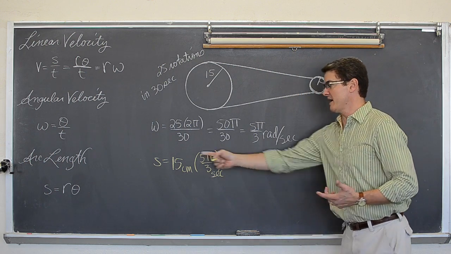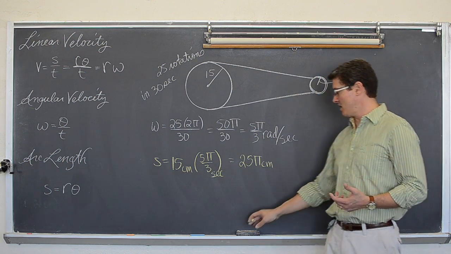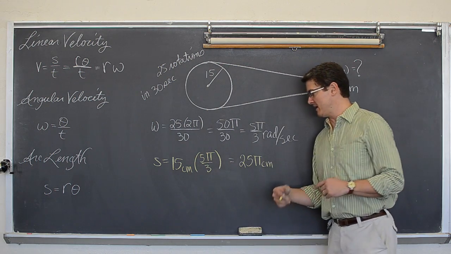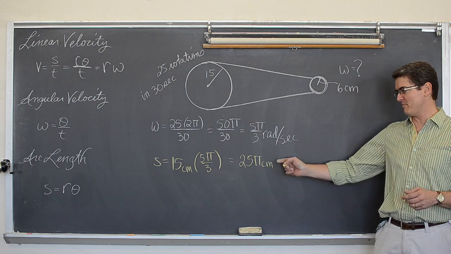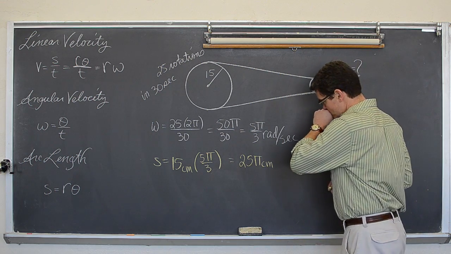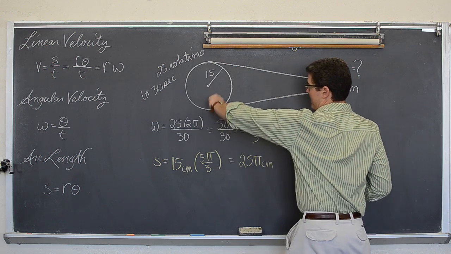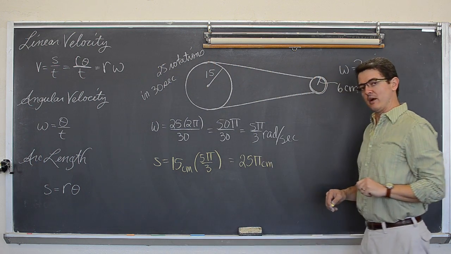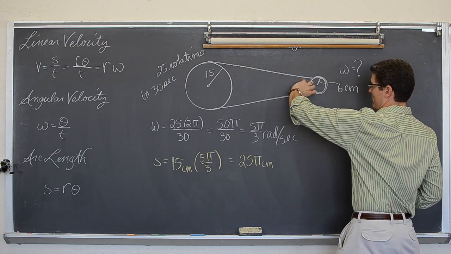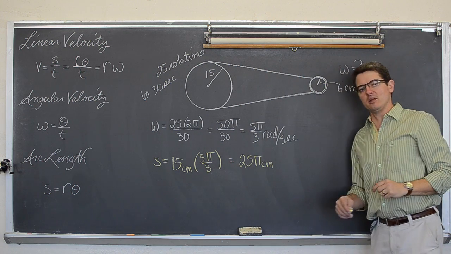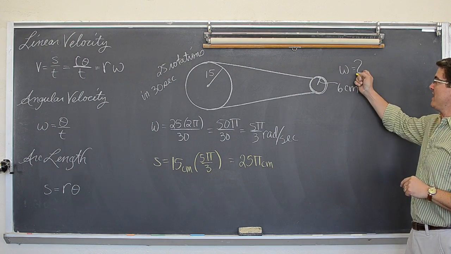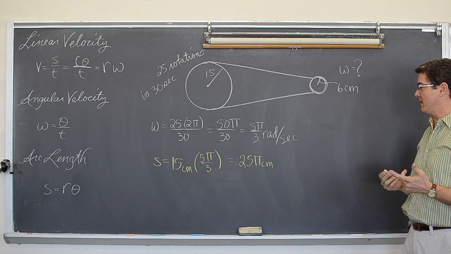If I put per second, I need to call that linear velocity. So again it's R times theta, but in 1 second you're pulling 25 pi centimeters of chain. If you move 25 pi centimeters of chain through the front sprocket, then you are moving 25 pi centimeters of chain through the back sprocket, and we want the angular velocity of the back sprocket.